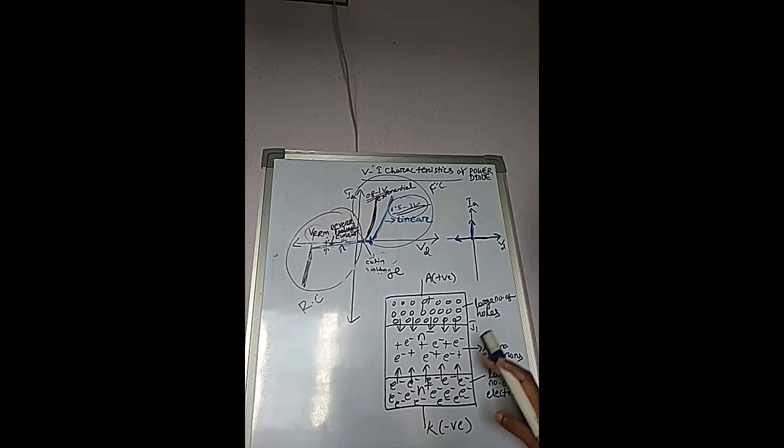So obviously here power loss level is also high, power rating is also high. Understood? So for large breakdown voltage, what is the use of this N minus layer? I told you in the previous video.